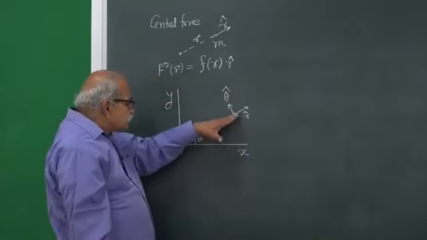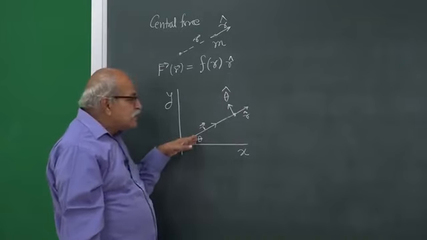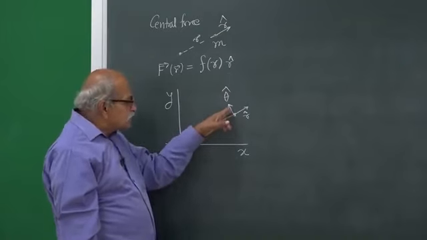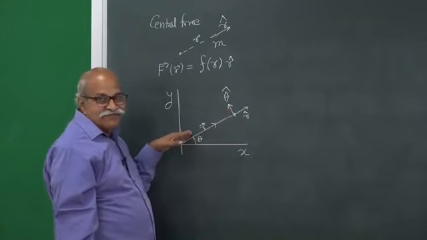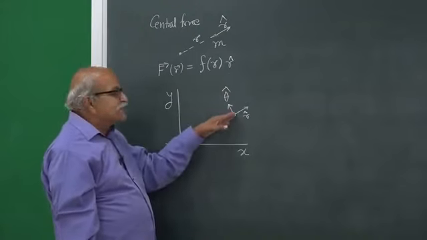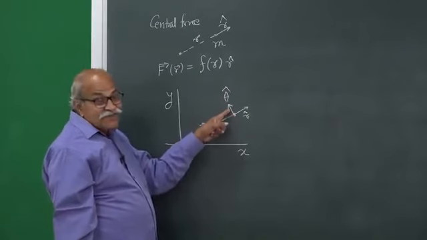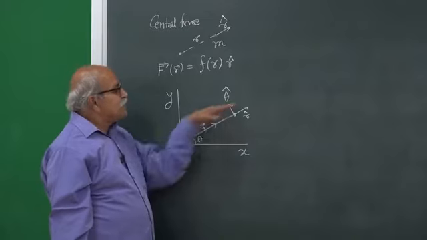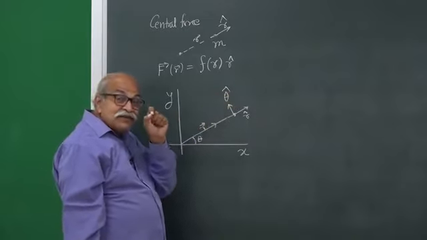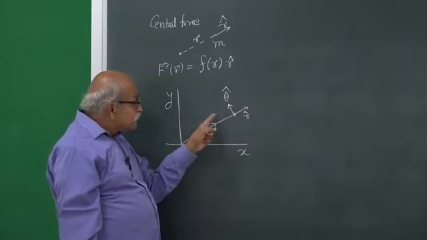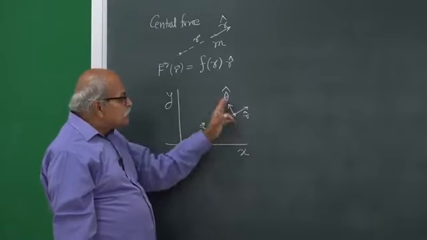If I take the particle in this direction, this theta will increase. If I take it an infinitesimally small distance here, this theta will become theta plus d theta, but r will remain the same. There is no component of that displacement in the r direction, and therefore, for that infinitesimally small displacement we will take that r is constant, only theta is changing. This is r cap, this is theta cap.